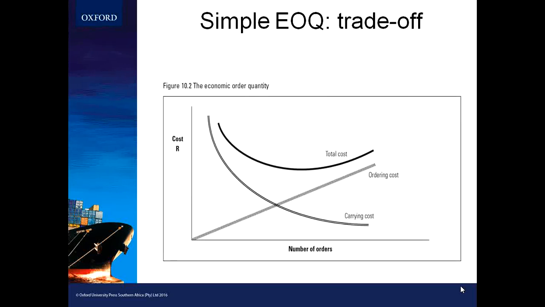The relation is shown here in this graph. If you see this graph, it shows the number of orders, and the cost is in R, that is Rand, as per South African currency. The order quantity is shown on the axis, and then the carrying cost and the total cost.